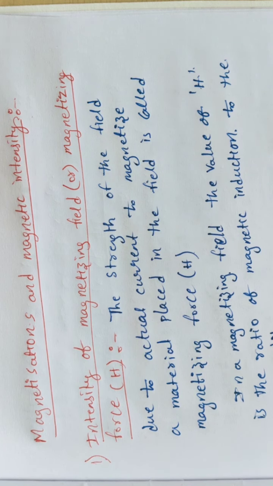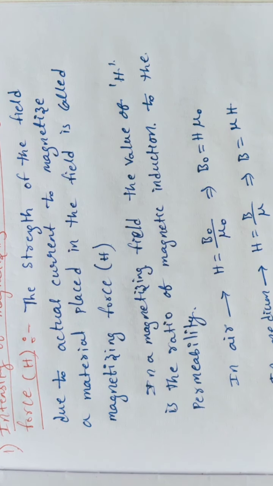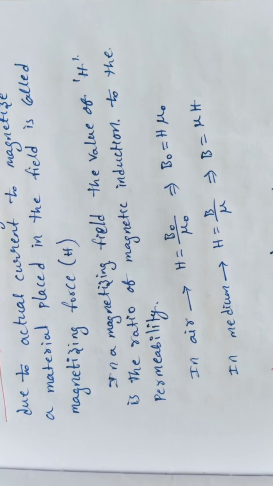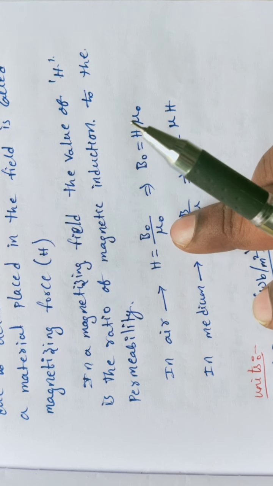Numerically, we represent it as the ratio of magnetic induction to the permeability. Magnetizing force is the ratio of magnetic induction to the permeability. In air medium, H is equal to B naught by mu naught.